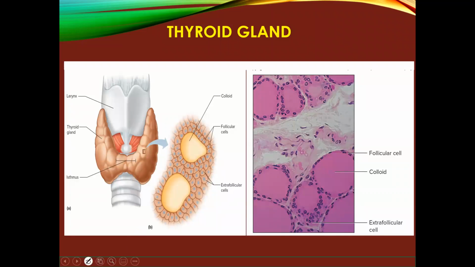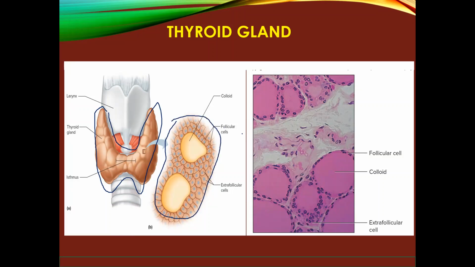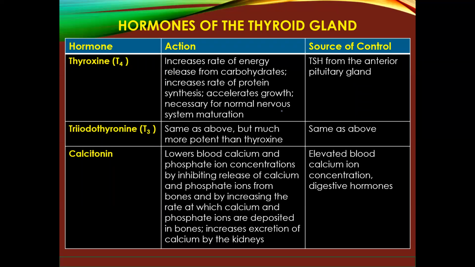So this is the diagram of the thyroid gland. It looks like a butterfly. And these are the cells that produce the hormones, thyroid hormone and calcitonin. These are the actions.